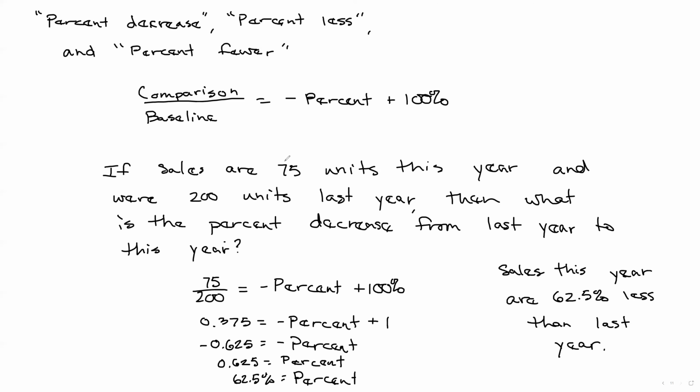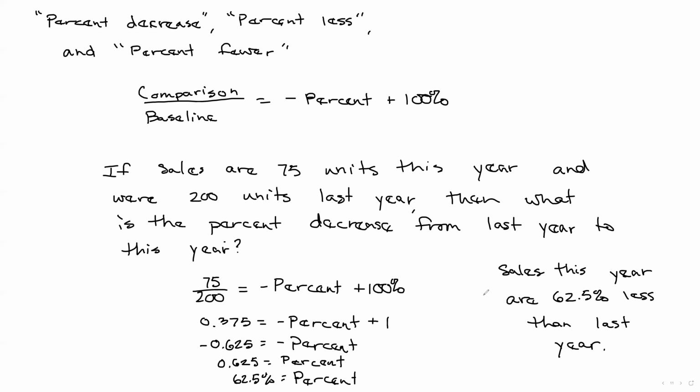What you could do here is do this in your head: it's 75 over 200, and then you subtract 1. So instead of adding 1, you subtract 1. So it's the opposite. Oh, and just to be clear here, it's not a negative 62.5% decrease. It's a positive 62.5% decrease.